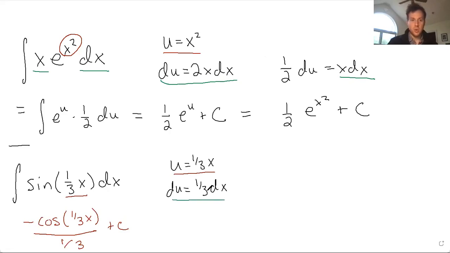This second equation, we have the dx, we don't have the 1/3, but as we know, if you're just off by a constant, you can always move that around to make it match.